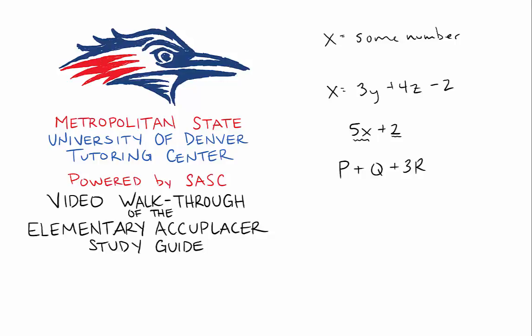But in the same process that we used in the previous video, we're still going to move them to one side and isolate, or solve for, the one variable that the problem tells us we're looking for. So our answer may not be just one number. If it says solve for x, it should look like x alone on one side, and then whatever else we get on the other side, and we'll see a variety of things.